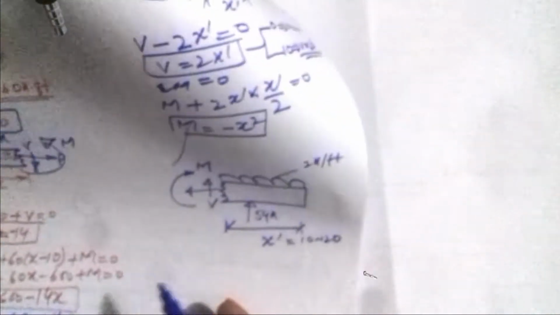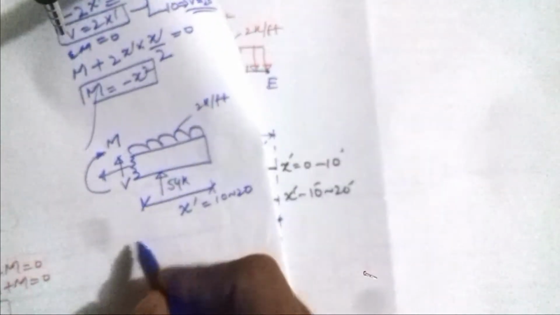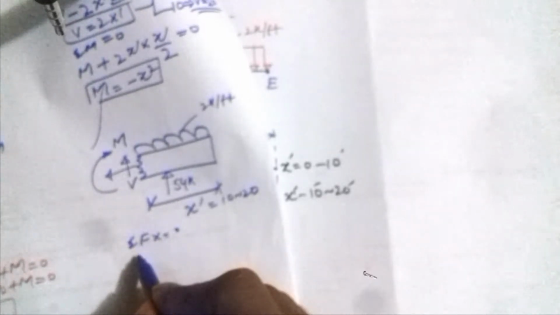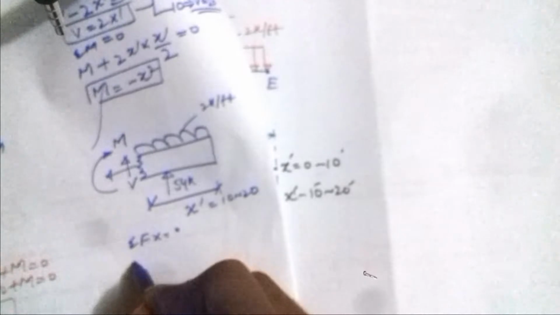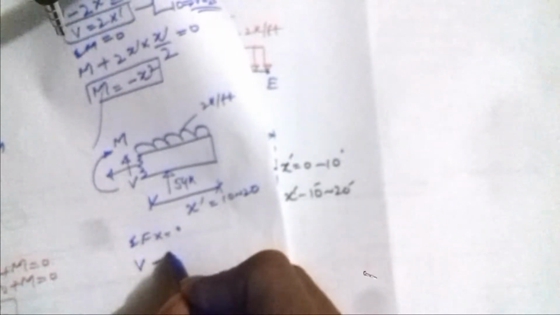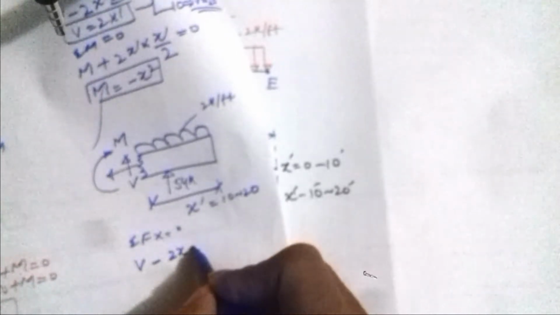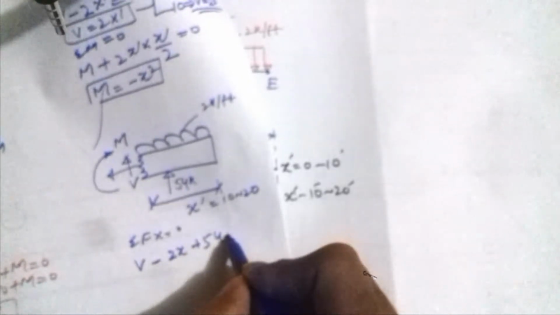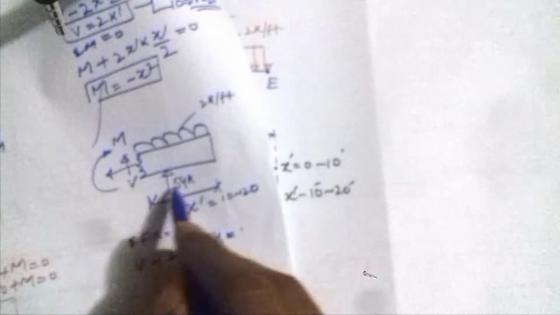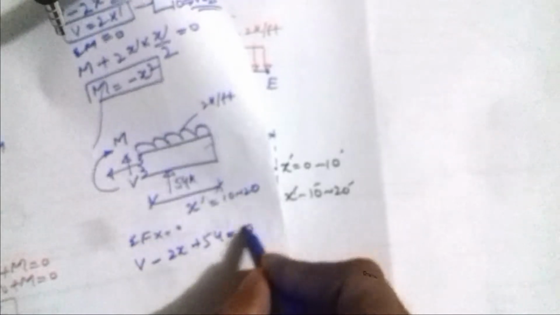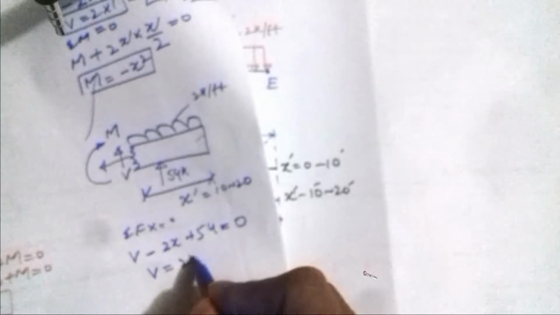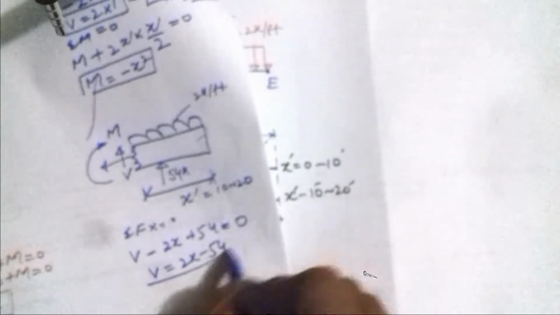I can now solve it by saying that summation of x is 0, which is always 0. Summation of y, taking upward as positive: this is downward, so minus 2 times x is 0, and then plus 54, which is upward, equals 0, which means that V is equal to 2x minus 54.